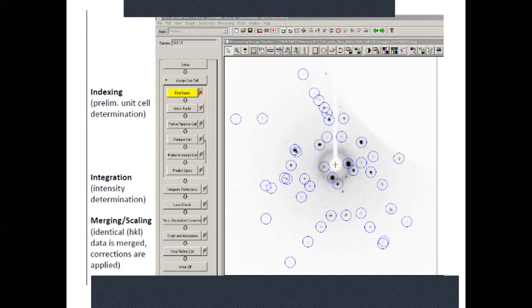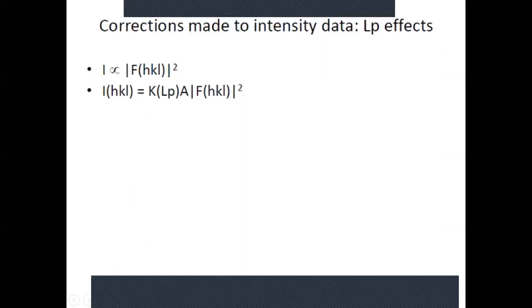Then we go to integration, where we assign intensities to these HKL values. Once we do that, we do our merge and scaling. So identical HKL data is merged together, and the corresponding correct absorption corrections are applied. Again, this is all done before we start solving the crystal structure.